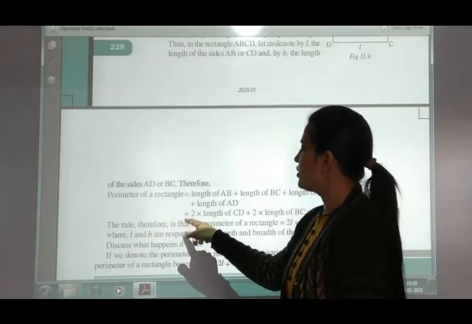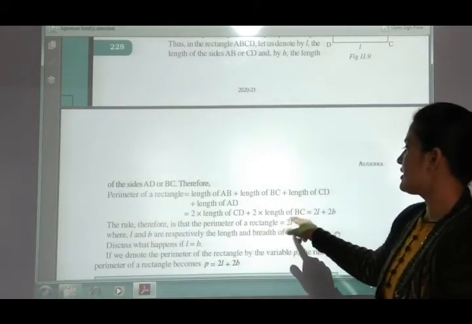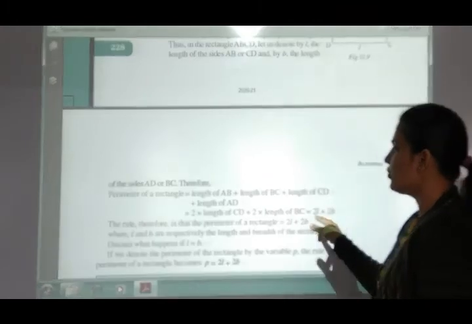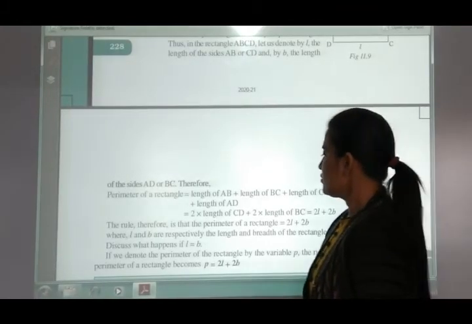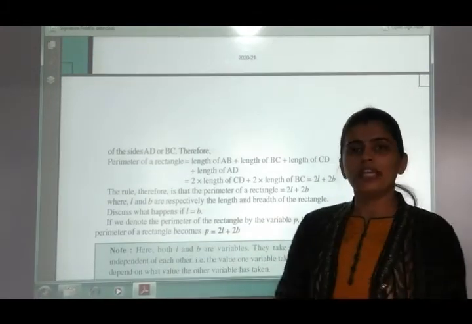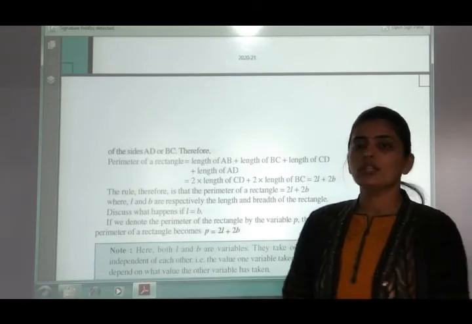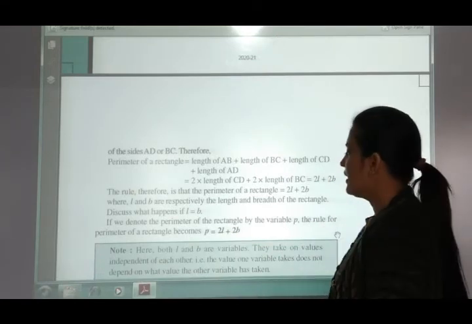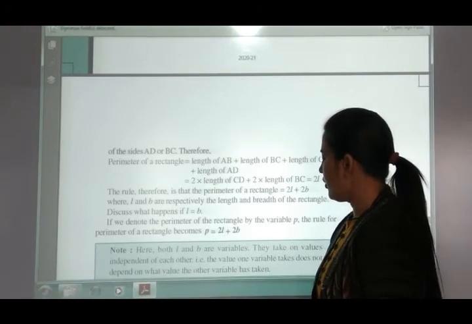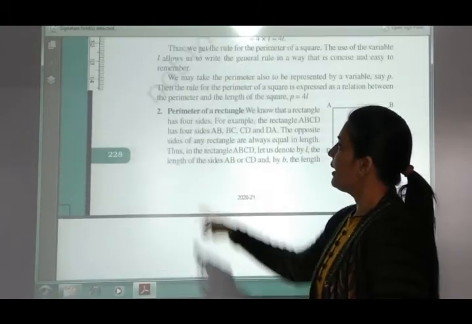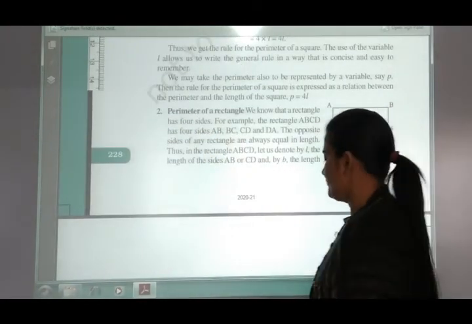So the rule is that the perimeter of a rectangle is 2L plus 2B. If we write the perimeter as P, then P is equal to 2L plus 2B. That is the general formula for the perimeter of a rectangle.